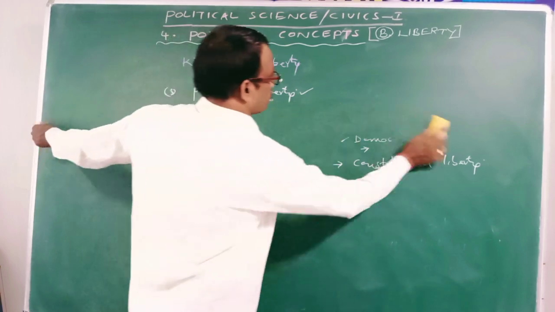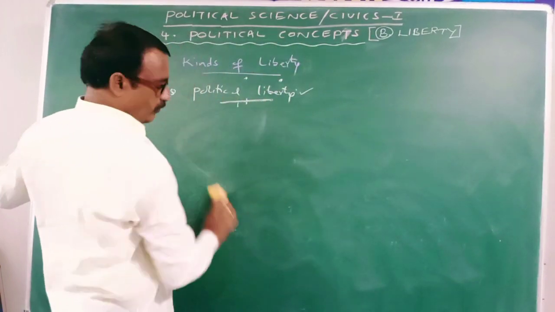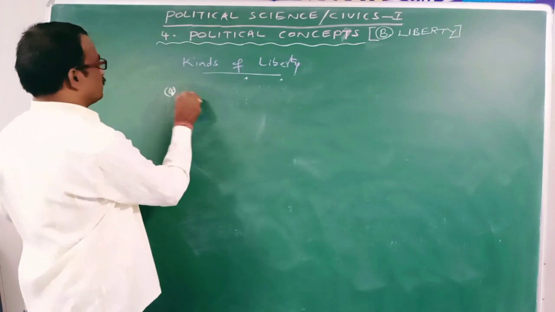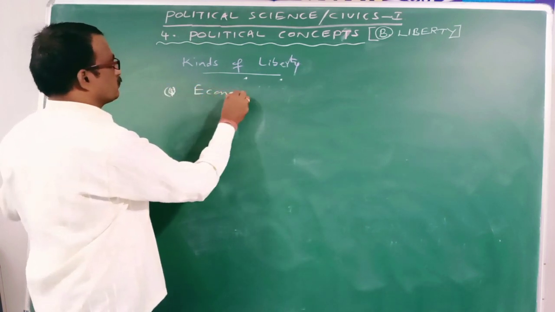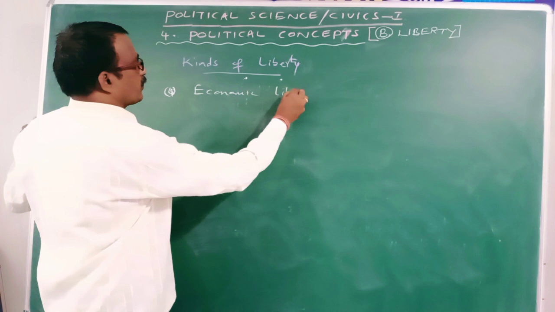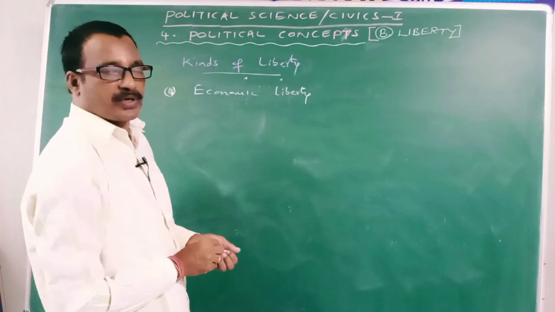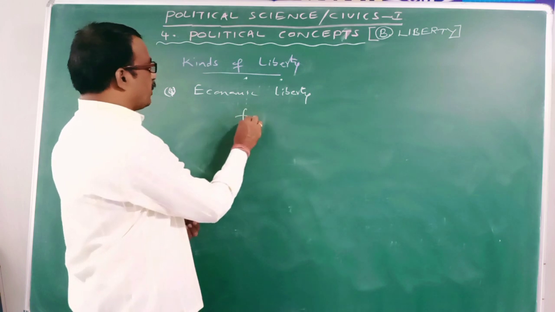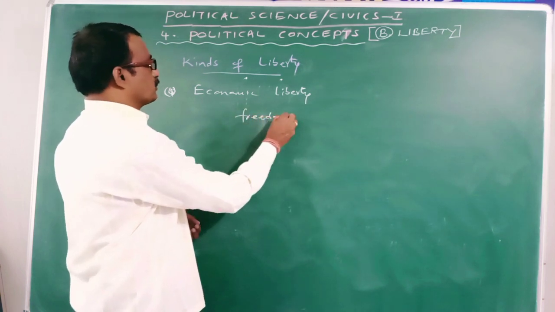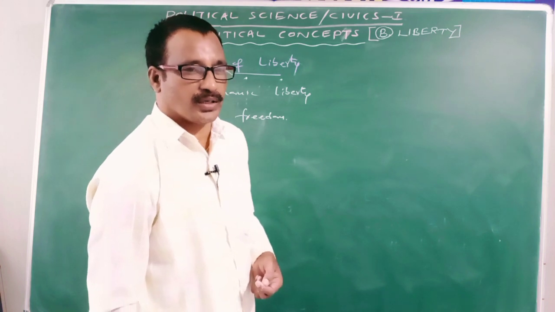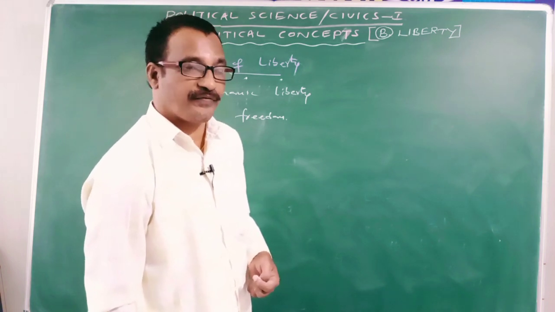Then, the fourth one is economic liberty. So what is meant by economic liberty? Economic liberty means the freedom of the individuals to earn his livelihood or to earn his daily bread by fair means.